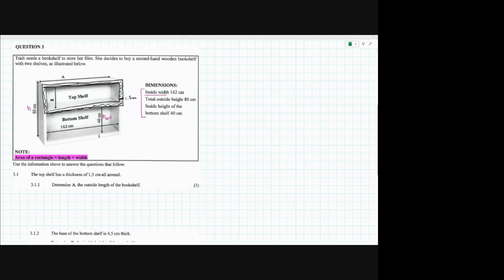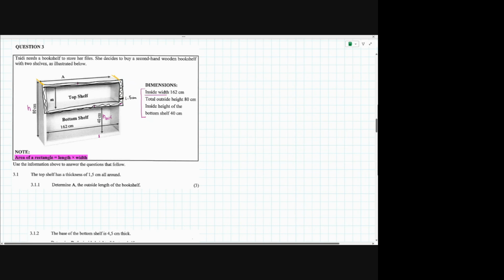Determine A, the outside length of the bookshelf. We can see A illustrated at the top for us. So we can see that it's from end to end, but now accommodating for the outside lengths, the actual thickness of the wood.